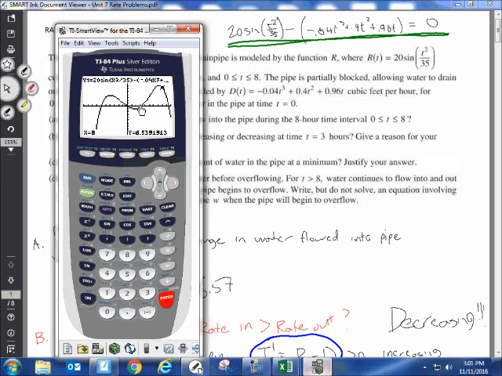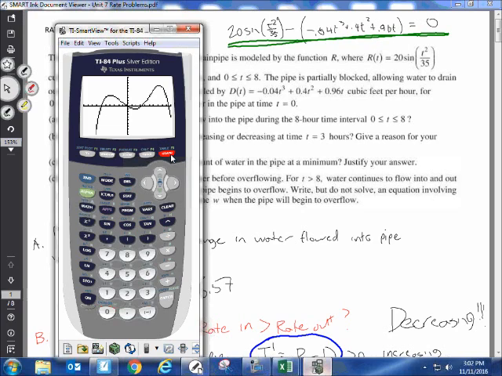Now, how do I find that value where we change signs from a negative to a positive? Don't put your cursor over it and say that's good enough. Okay? Use y equals 0 and find the intersection.